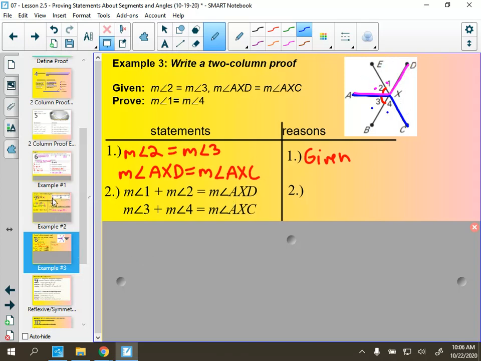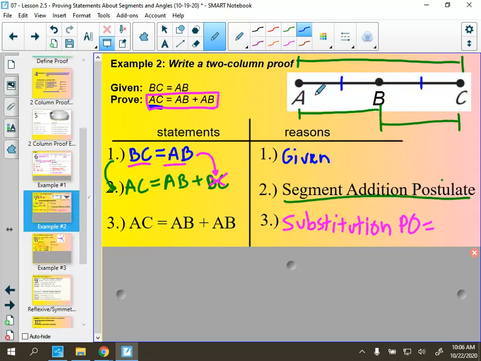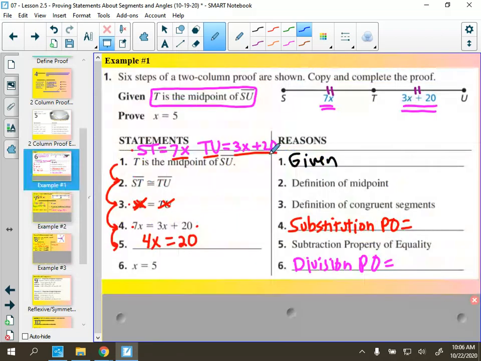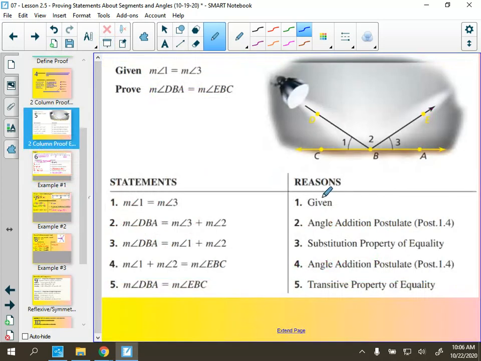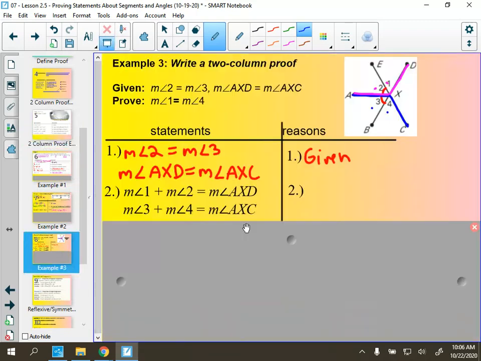Extremely generic, just like the last two, except when we were working with segments, we used the segment addition postulate. Here we introduced material. In the previous one, we used the angle addition postulate to introduce material. Guess what? We're introducing angles 1 and angle 4 into the proof using a generic statement. This is absolutely our angle addition postulate.